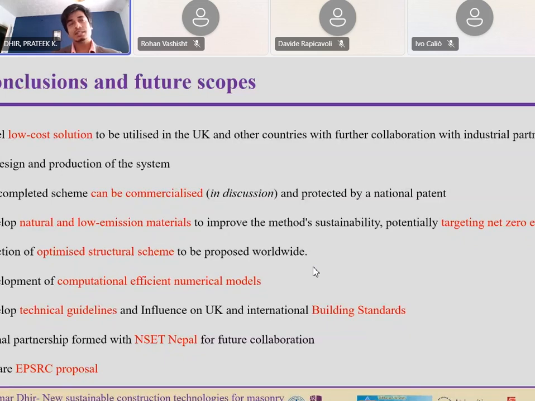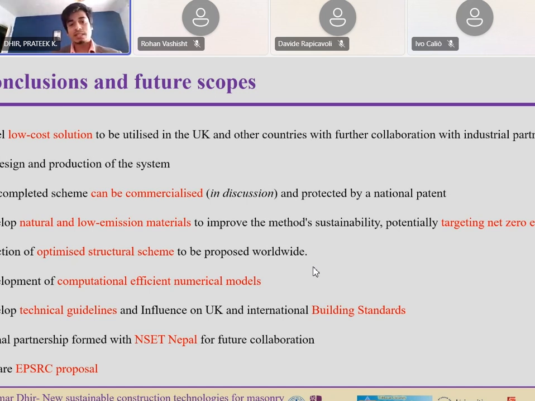We are still in discussion with one of the lime production companies, and they are trying to share their industry experience, and we are trying to develop some collaborations. Definitely we are focusing on developing a natural and low emission material, and then optimizing the structural scheme also. This is one of our goals that we want to achieve.